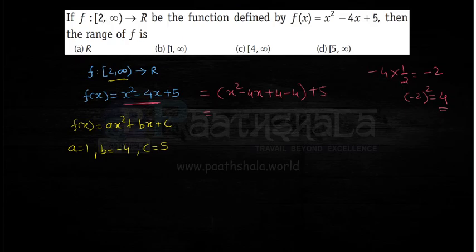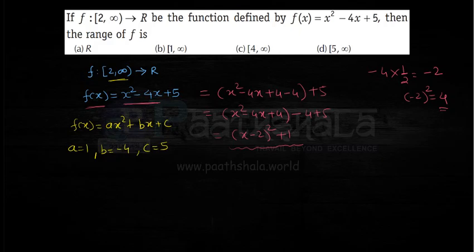We can write it as x square minus 4x plus 4 minus 4 plus 5. So we will get x minus 2 bracket square plus 1. So this function f of x becomes x minus 2 bracket square plus 1.